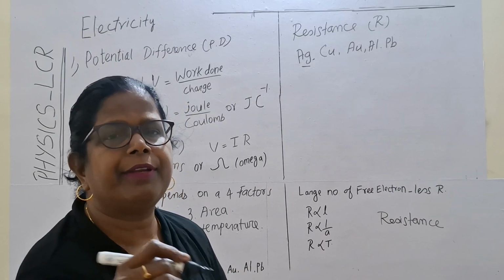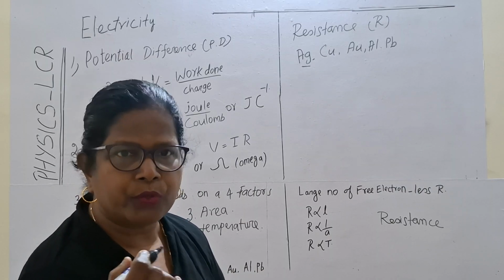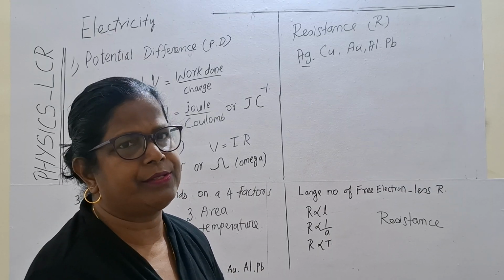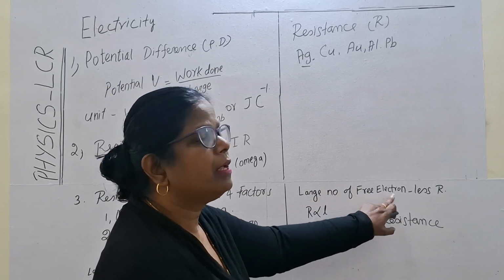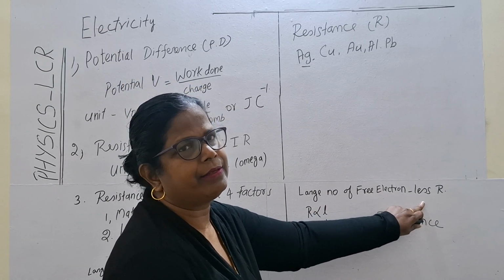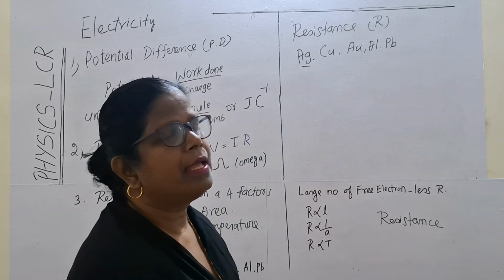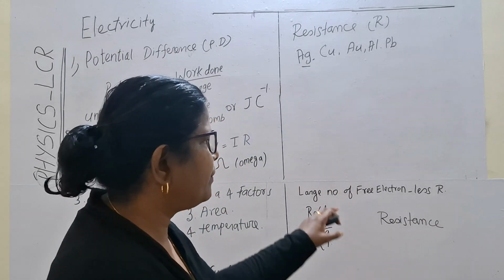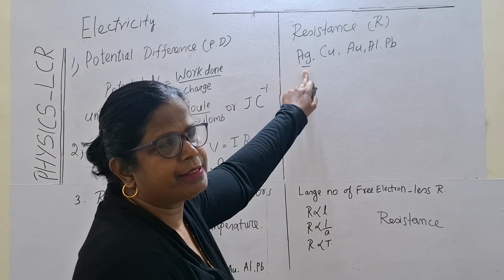In an insulator, the free electrons are negligible, so it offers more resistance. Here I have written that a large number of free electrons gives less resistance. All the metals have free electrons, so they give a small amount of resistance.